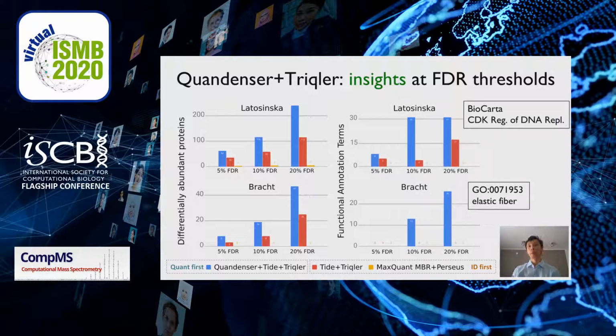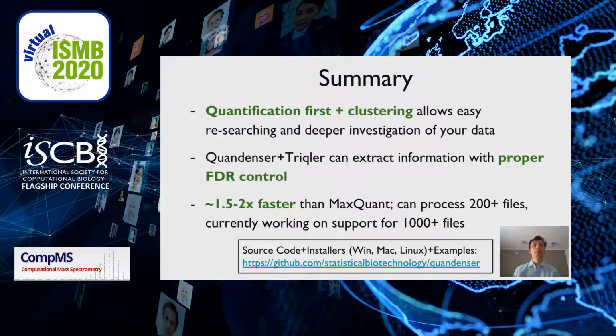And also very compellingly, these differentially abundant proteins actually enriched for several functional annotation terms that seem to make at least some sense biologically, although further investigation is definitely needed. So to summarize, we introduced here our quantification first approach, which together with clustering allows easy researching and also deeper investigation of the data.